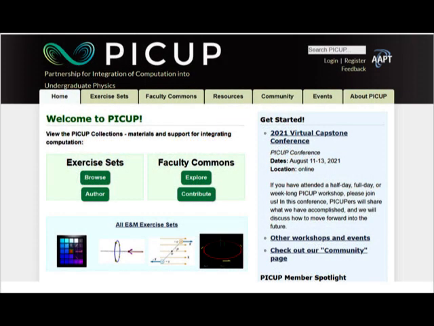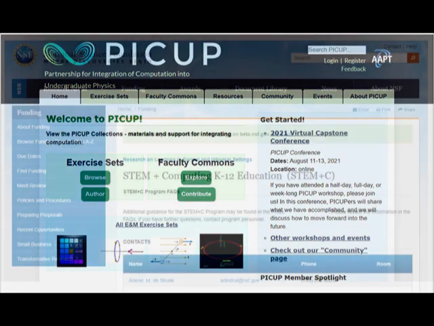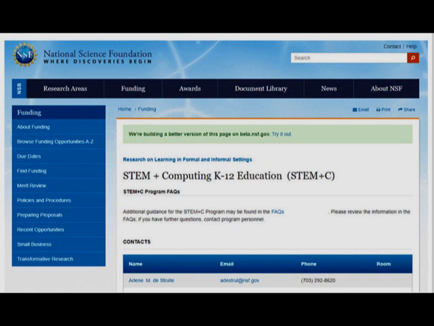There is also an organization of physics teachers, Partnership for the Integration of Computation into Undergraduate Physics, acronym PICUP, dedicated to increasing the use of computers in physics education. And after spending many millions of dollars trying unsuccessfully to improve math education 20 years ago, the National Science Foundation is now spending millions trying to improve STEM education.